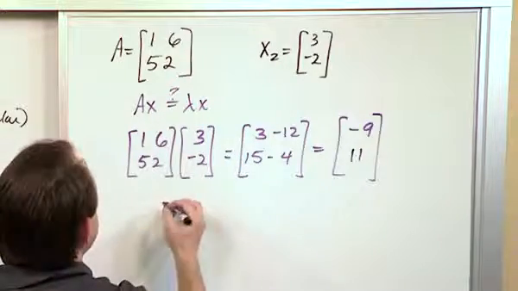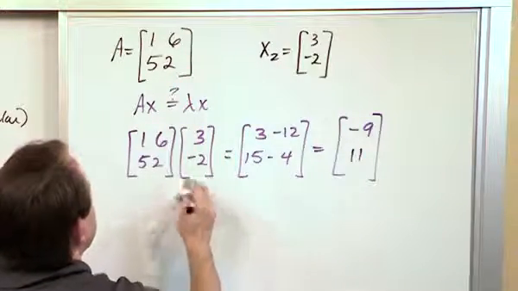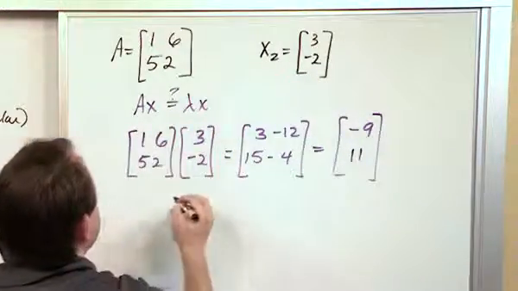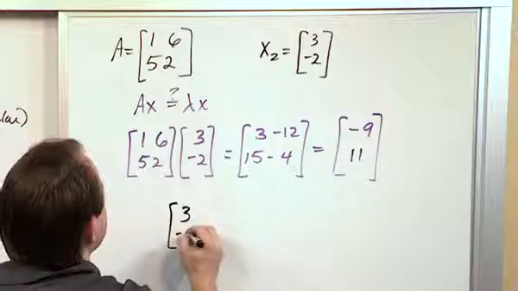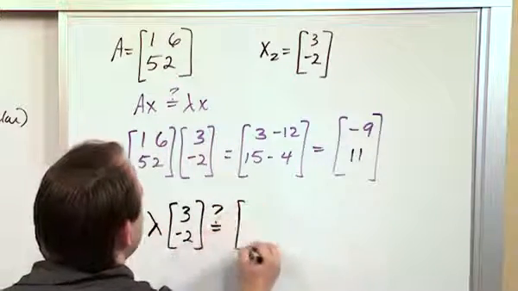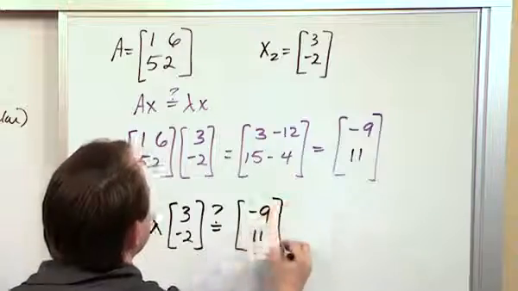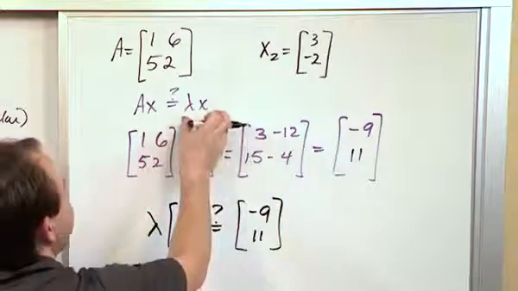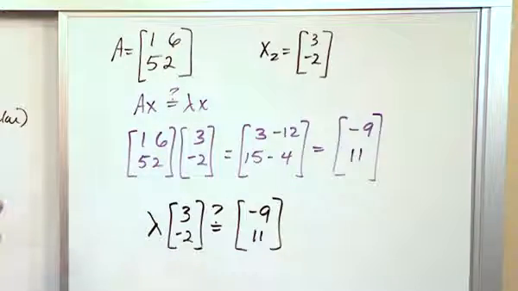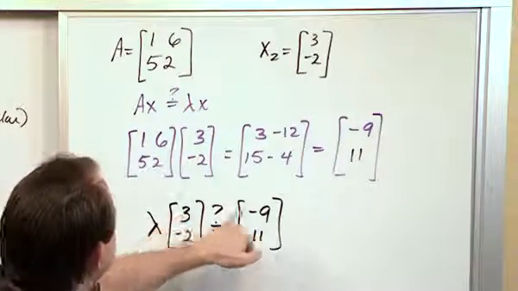So the question is, can I find a multiple of this original vector that will give me this? So the original vector is 3, negative 2. Lambda times this. Can this be equal to negative 9 and 11? Can I take a multiple of the original vector and have it equal what I've already calculated over there? Ask yourself that. Well, how do you get 3 to be negative 9?